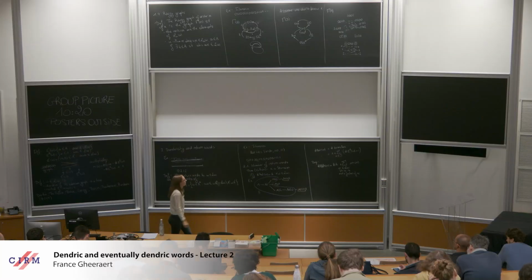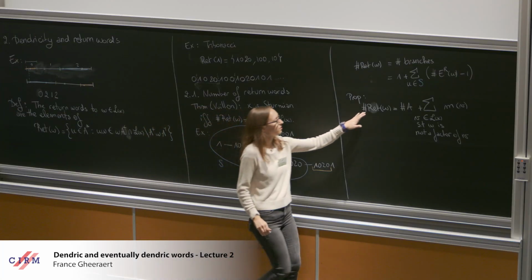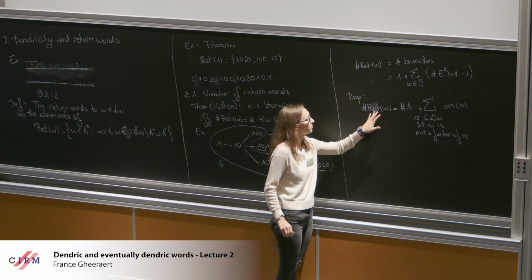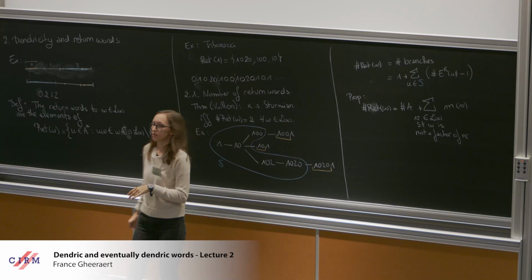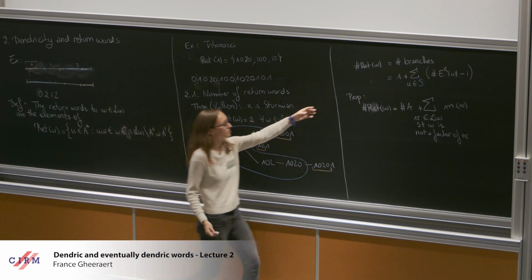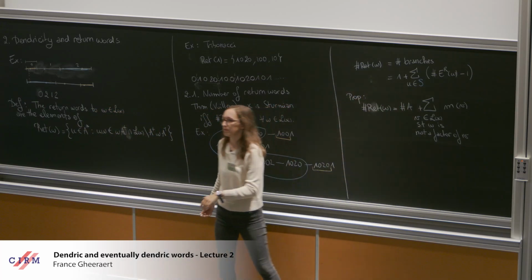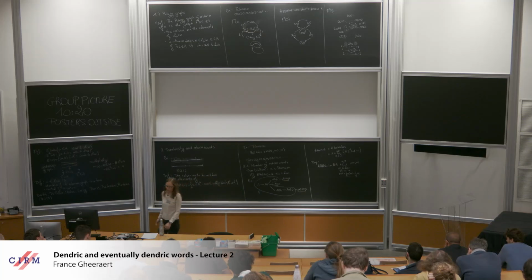Okay. So the number of return words is somehow linked to the multiplicities of the words. Well, this is kind of natural because this is linked to the number of extensions, and we know multiplicities are related to the number of extensions.